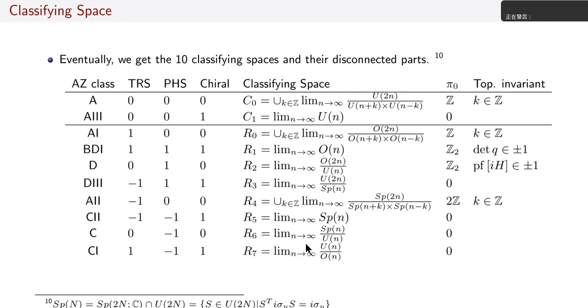And Z2 comes from the orthogonal matrix, because for an orthogonal matrix you can get a plus or minus sign from the determinant. Okay, so then we got the classification for zero-dimensional systems.